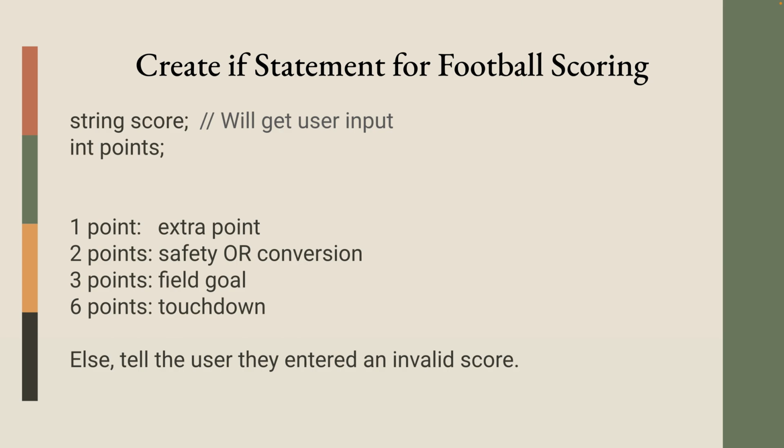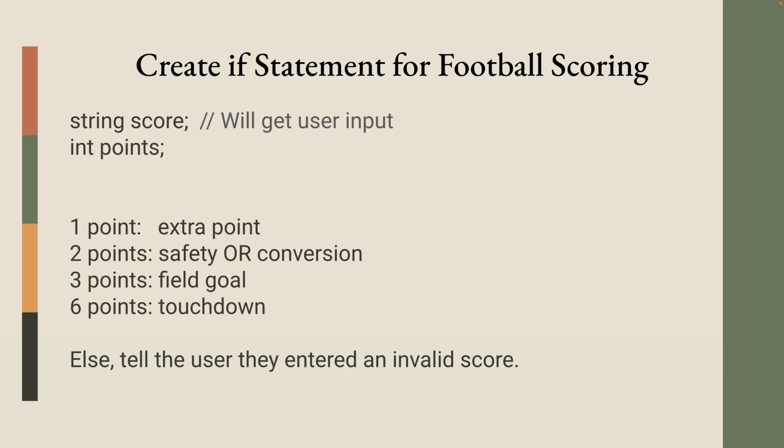The input is a string. So the user might type in touchdown. And then we want points to be equal to 6.